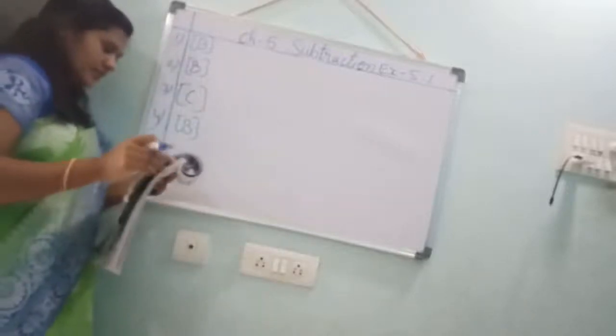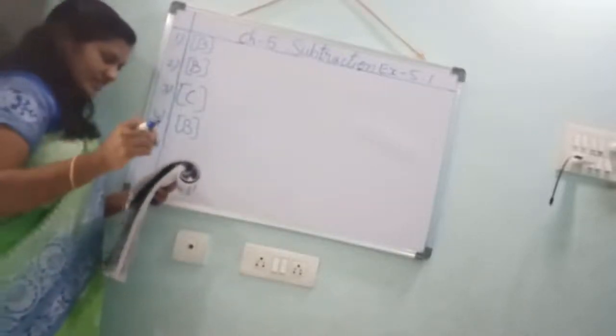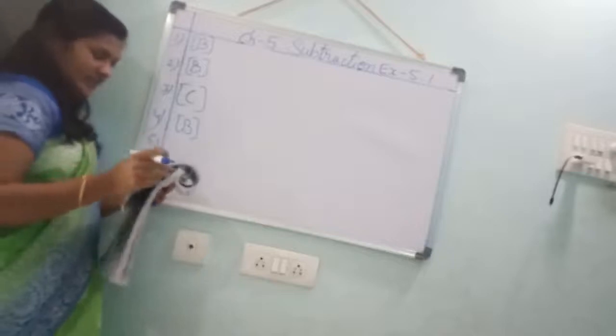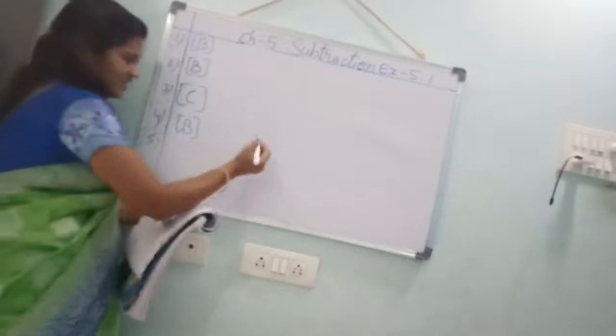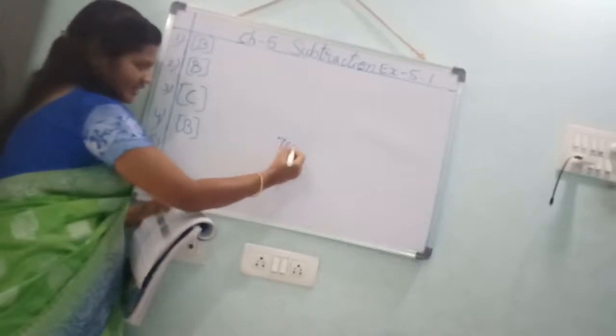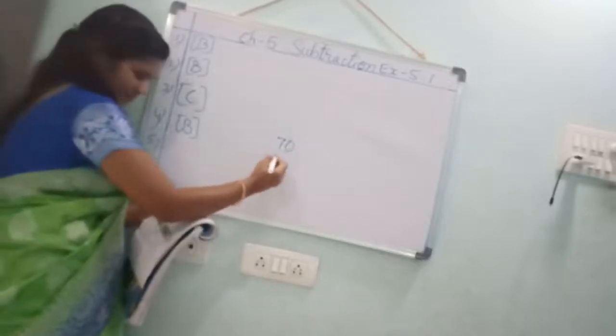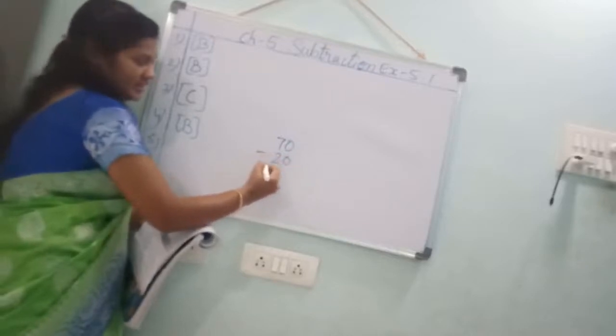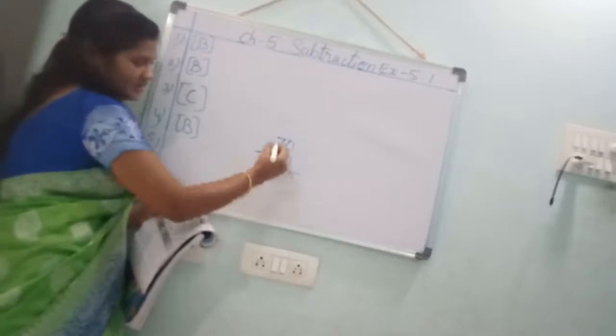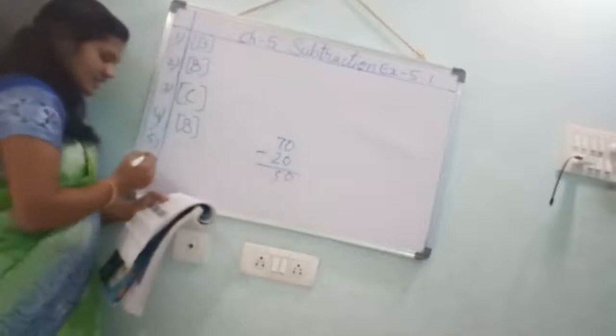Next. The estimated difference between 69 and 24. 69 nearest, what is that? 70. 24 nearest? 20. Yes, minus, 50 is the answer.